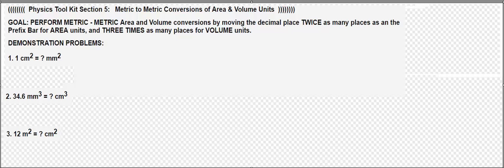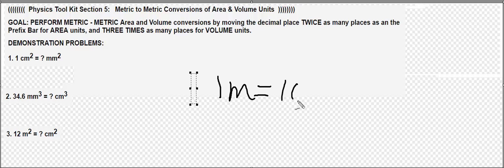One-dimensional units. But how do we do that for area and volume? To illustrate the process, we know that 1 meter is 100 centimeters.